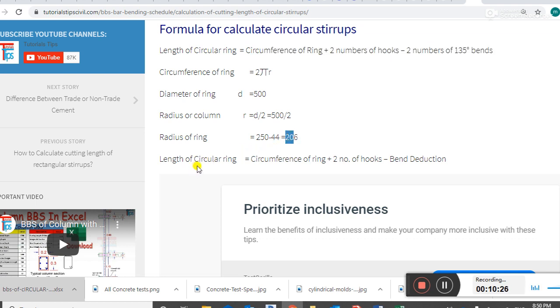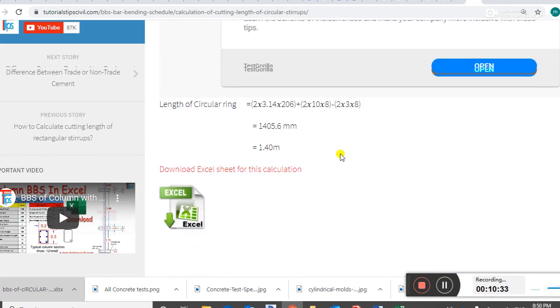Length of circular ring is the circumference of the ring plus 2 times the hook minus the bend deduction.